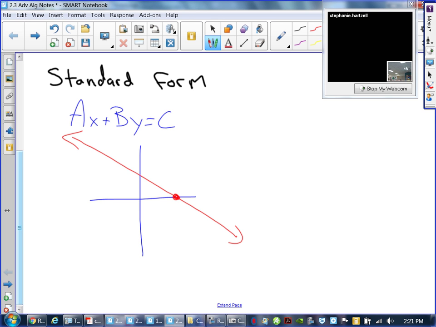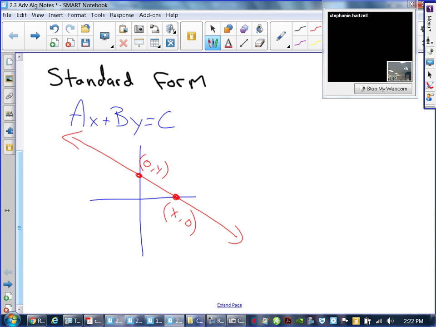What's the value of x when I cross the y-axis? 0. So here it's going to be some ordered pair x comma 0. Here it's going to be some ordered pair 0 comma y. What are those two things called? Don't overthink it. You know this. The y-intercept and the x-intercept.